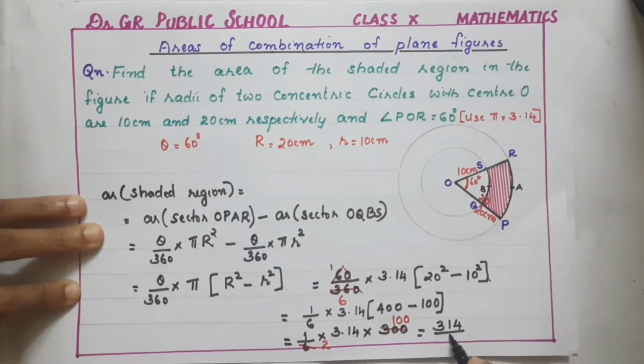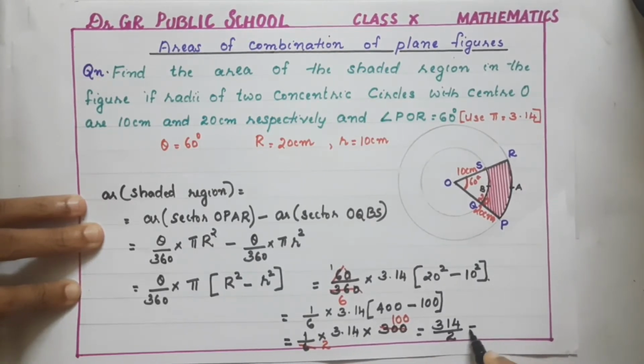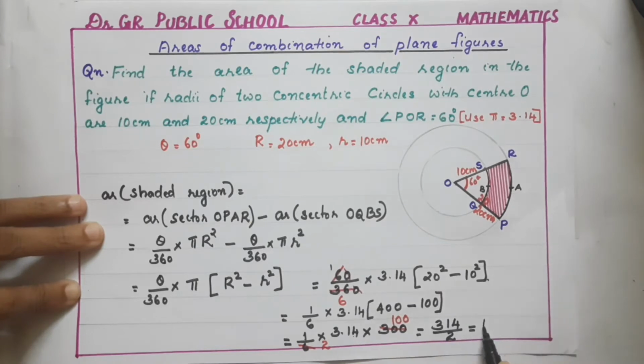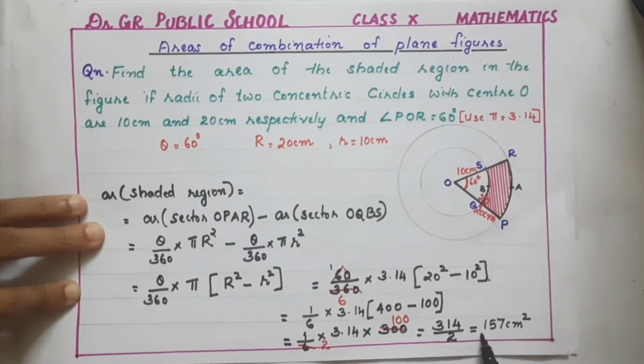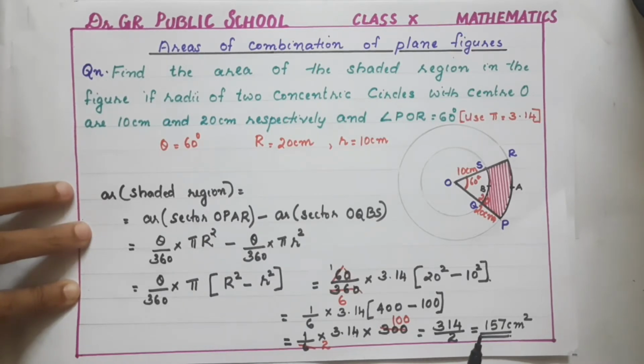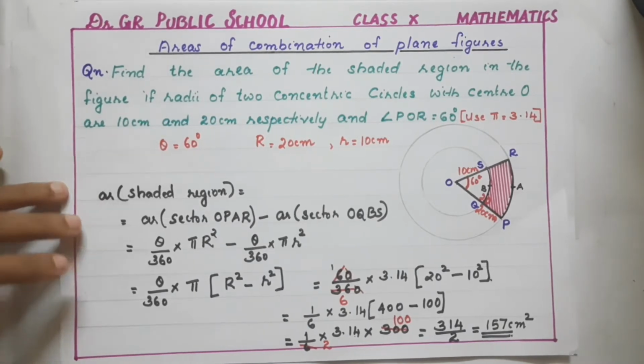By we have 2. So what is 314 by 2? 157. So 157 centimeter square. Okay children, do the calculation very carefully, otherwise you won't get the correct answer.